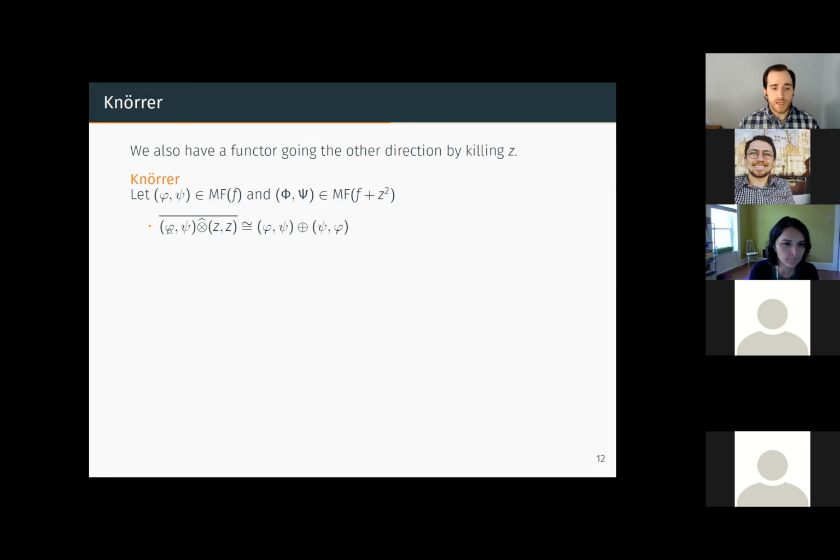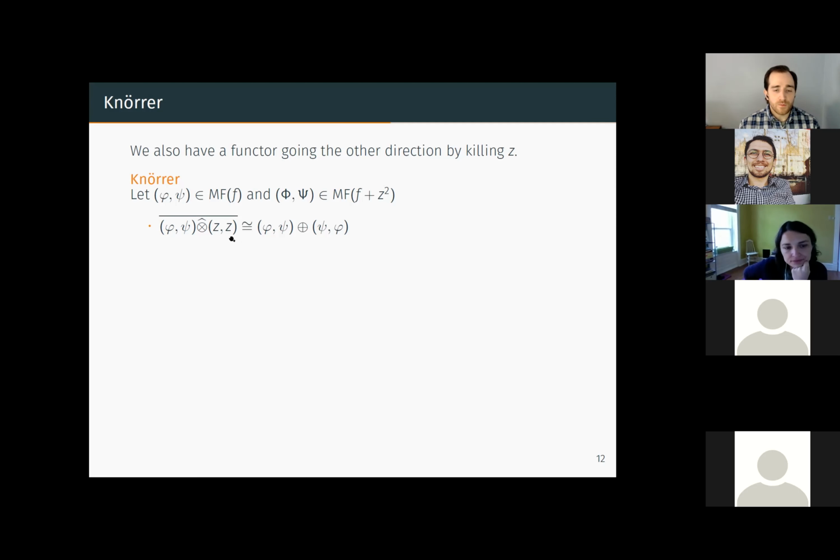If you take a matrix factorization phi, psi, you tensor it with z, z, that same guy from before, and then the bar here indicates you kill z afterwards. So you go up to f plus z squared, and then you come back down to f. What comes out is phi, psi direct sum its shift, psi, phi. I call this the shift for reasons that we might get to later.